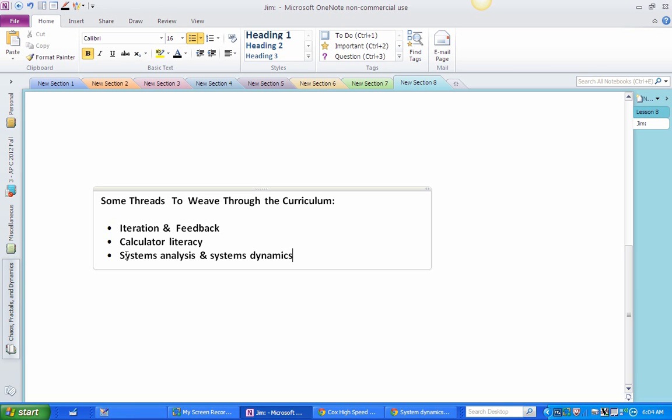The related topic, which is very appropriate to mathematics education, is systems dynamics, in which you look at things like iteration and feedback and the interaction among a variety of different factors in some sort of a system, and make projections and estimates and predictions about what might happen.